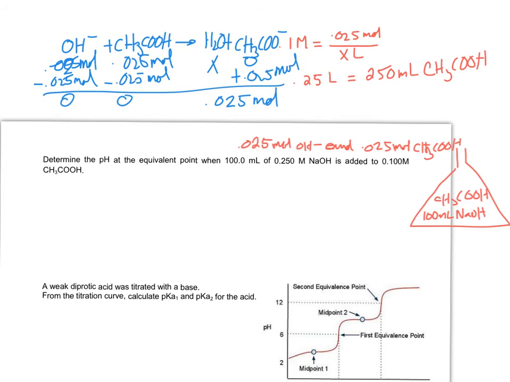If you want to do part of this in your head, that's fine. It's kind of obvious that I would end up with the same amount of moles of the acetate. But anyway, at the equivalence point, I don't have any of these. I only have acetate ion, which can undergo hydrolysis, and that's how I find its pH. So I'll write the hydrolysis equation now.